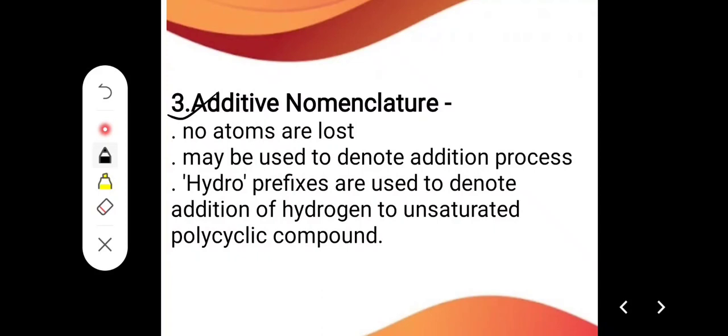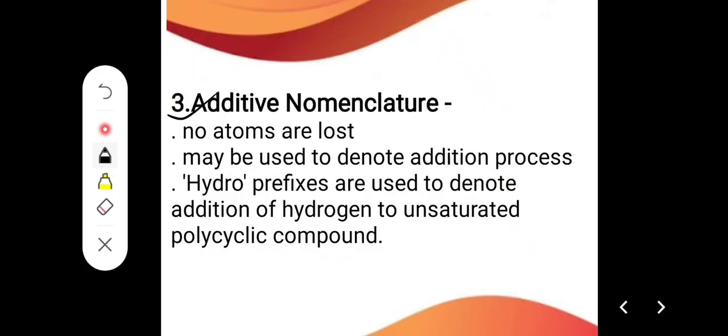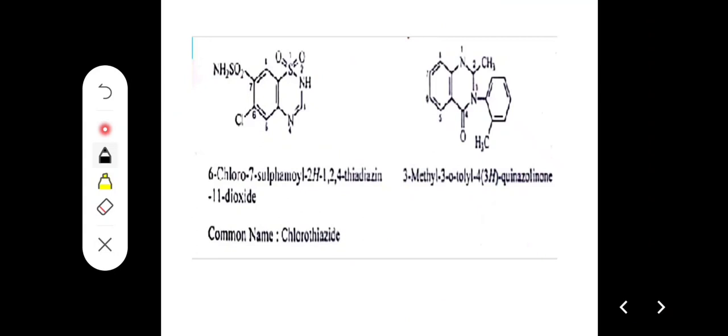Unsaturated means they may have double bonds or triple bonds, which are capable of taking hydrogen from outside. Next, the example of additive nomenclature: 6-chloro-7-sulfamoyl-2H-1,2,4-benzothiadiazine 1,1-dioxide. The 6 position has a chlorine group. In this ring structure, the 6 carbon bears chloro.